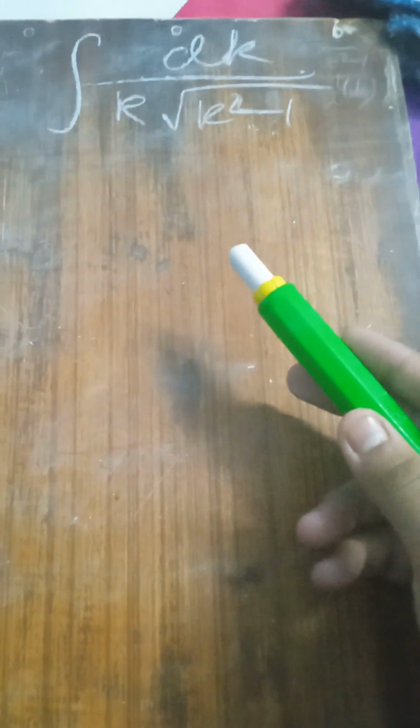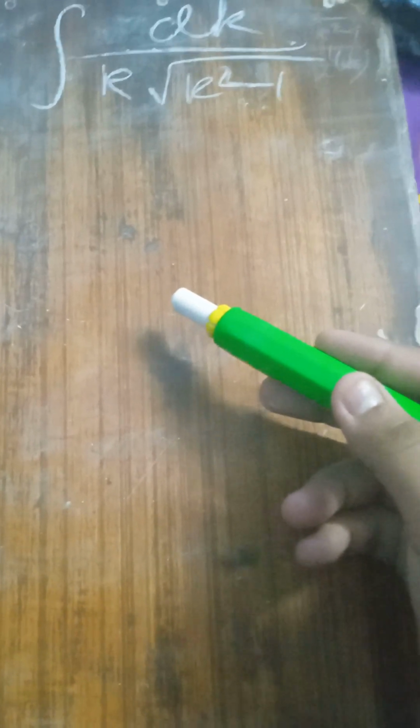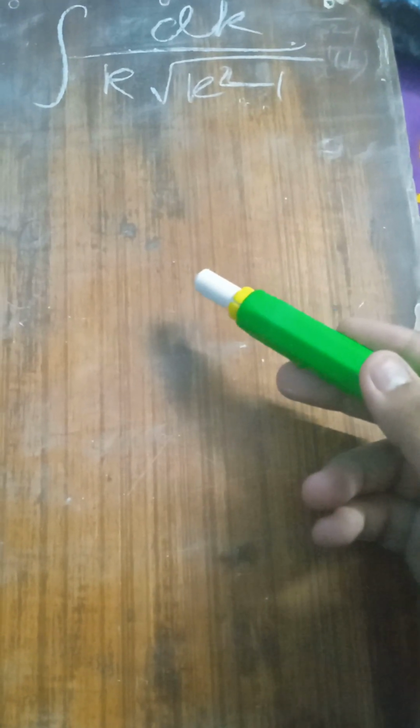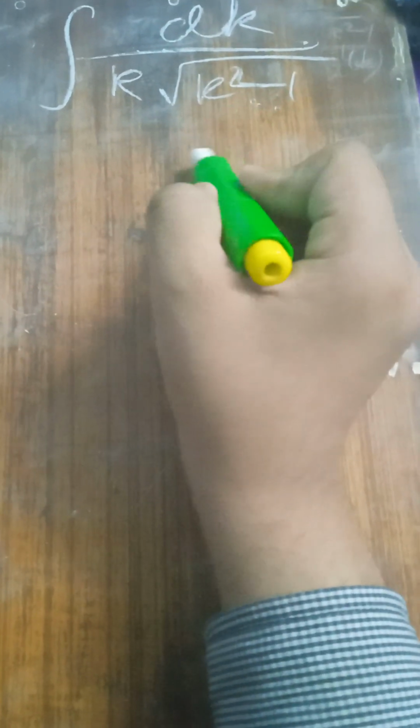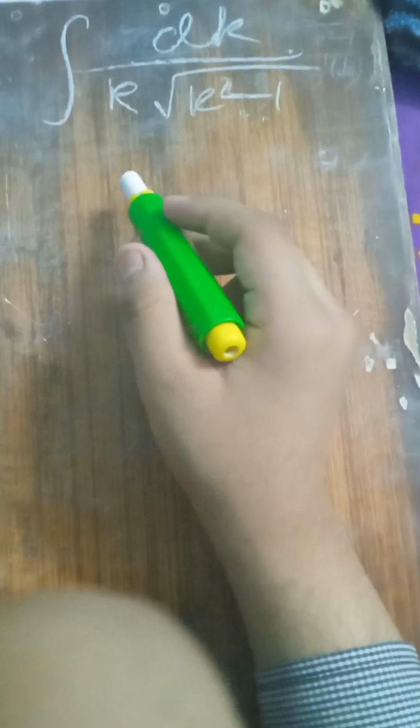So haste makes waste. Anyway, I know the way of doing it. I was just thinking that if I take k square common, I will get k square over here, then 1 minus 1 by k square. So I wanted k cube here, but okay, no problem. So let's start.